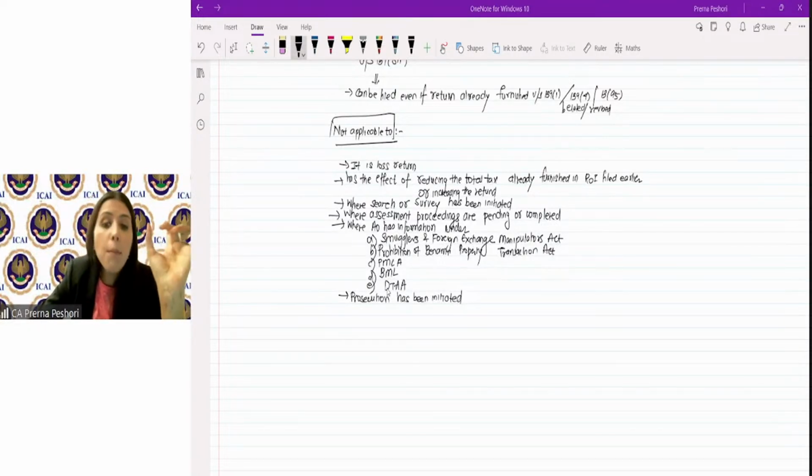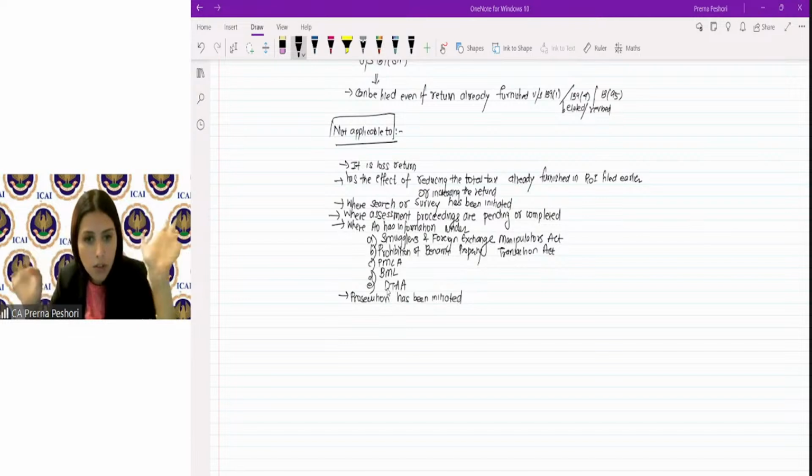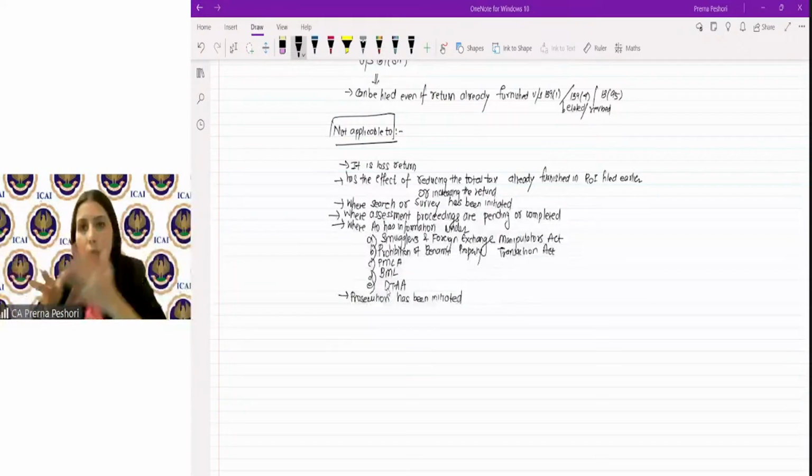However, let's say for example, if it is a loss return. Mansha, it is not retrospective. It is not at all retrospective. Let's say, for example, if it is a loss return that I have filed under 139(3), a return of loss.